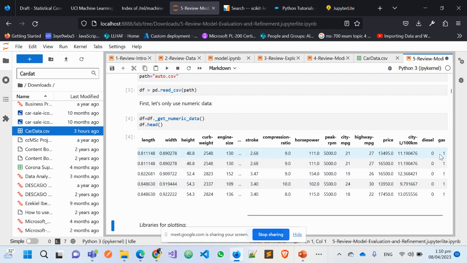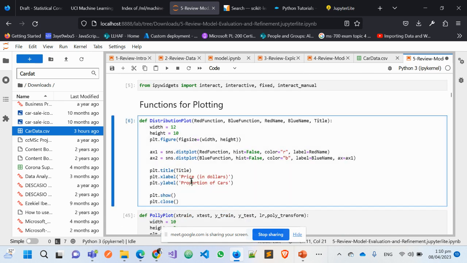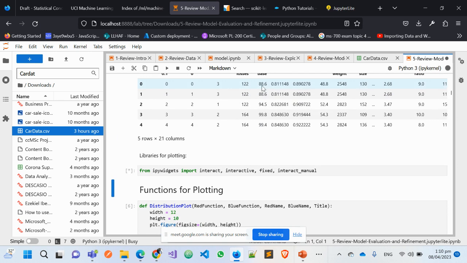So it's a progression. You don't have to import a fresh new data set all over again and apply cleaning and formatting. Here we have the diesel, we have the gas and all of that, so they're all converted. Proceeding further, we are defining a function.